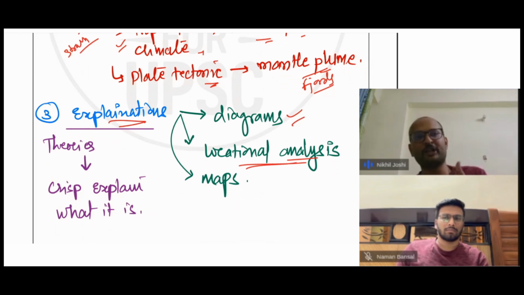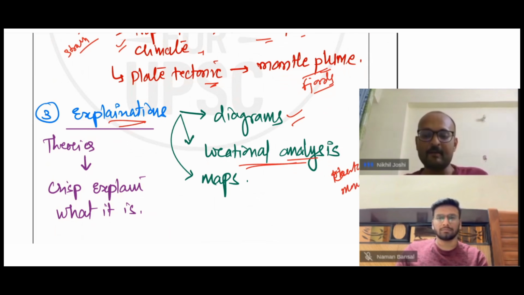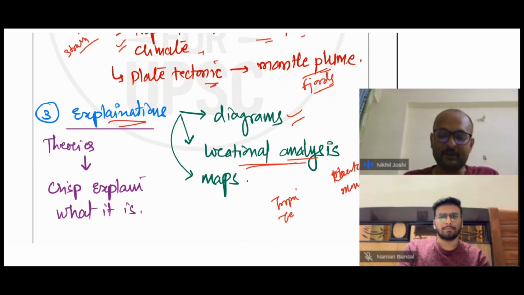What I mean by locational analysis: geography is a study of phenomenon when they are arranged in space. So, let's say, what kind of phenomenon happen in the coastal regions, the mountains, or the other setting would be the tropical forest or the temperate forest, or the other setting would be hydrosphere, lithosphere.